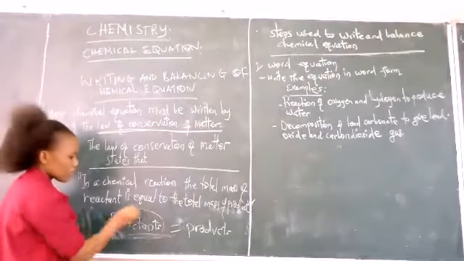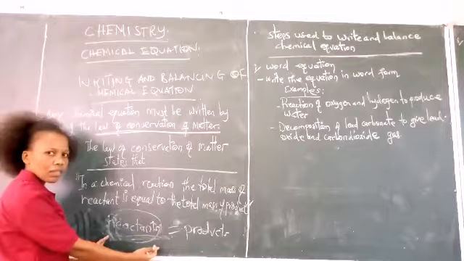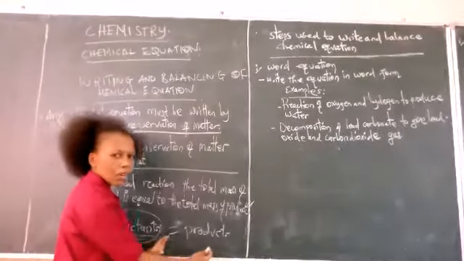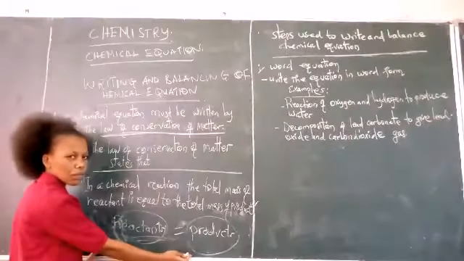If we have reacting particles, then the total mass of those reacting particles or chemicals must be equal to the total mass of the products formed.